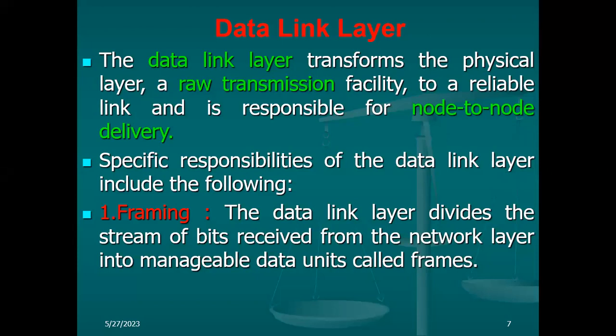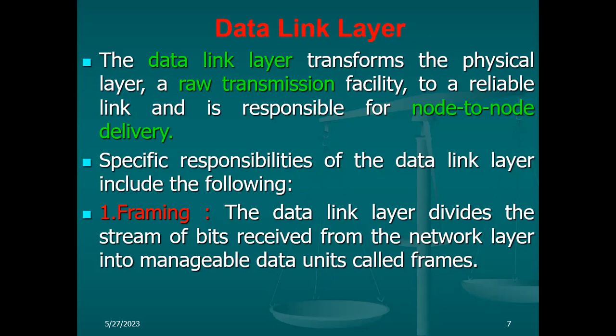As we have discussed earlier, the data will be transmitted from top to bottom at the sender side and bottom to top at the receiver end. The main functionality of the data link layer at the sender side is that it receives the data from the network layer in the form of packets, converts the packets into frames, and transmits the frames to the physical layer.